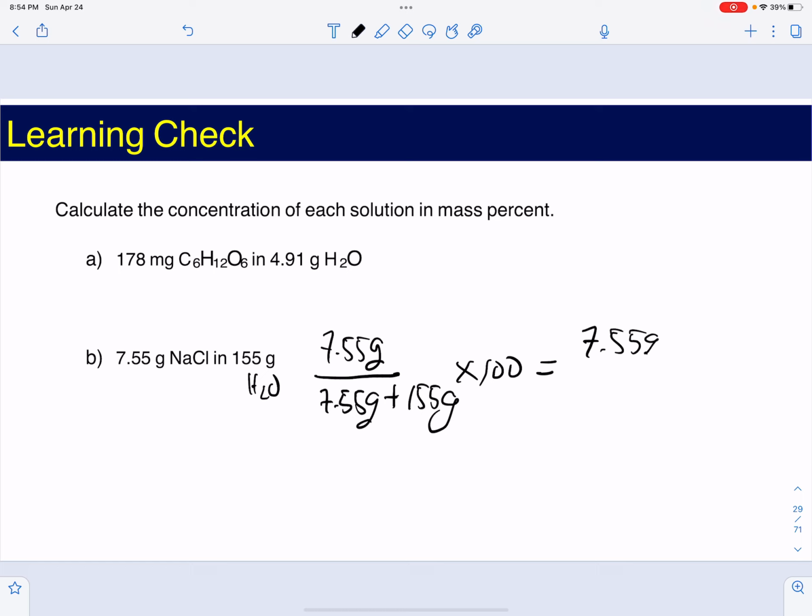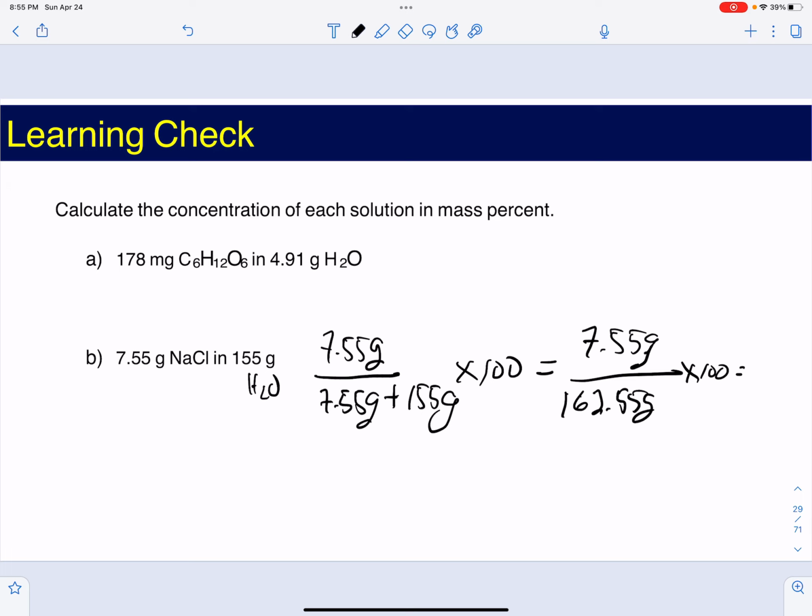So the percentage is going to be 7.55 grams divided by 162.55 grams multiplied by 100. That's going to be 7.55 divided by 172.55.